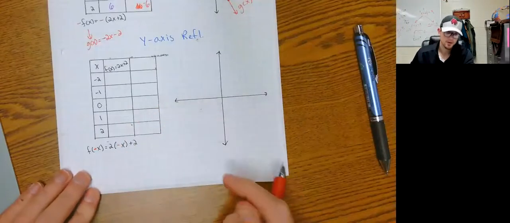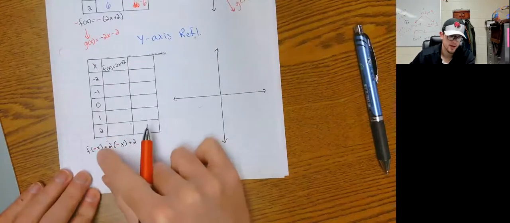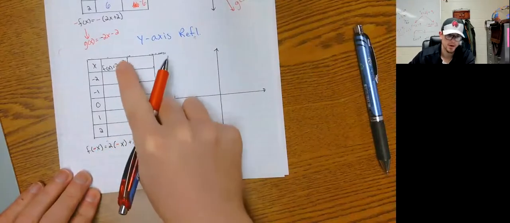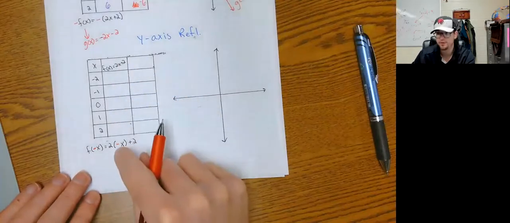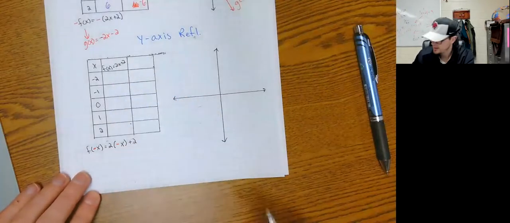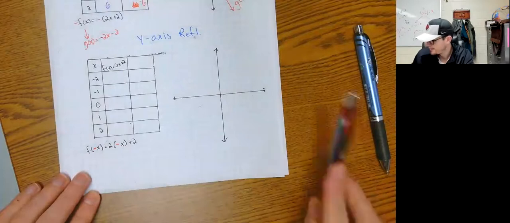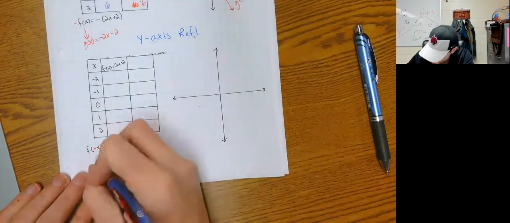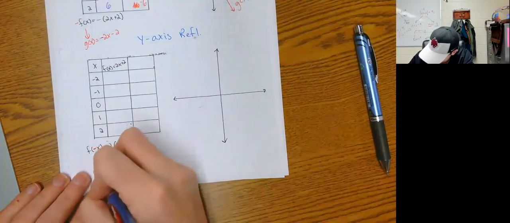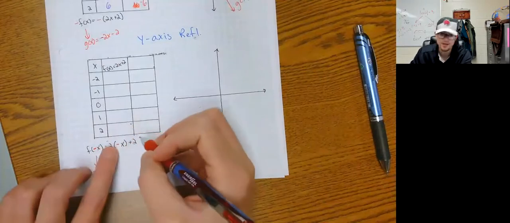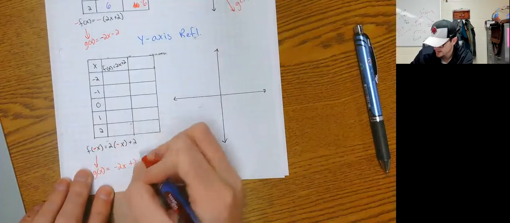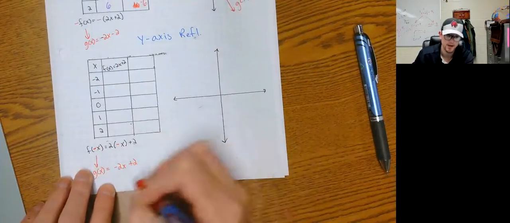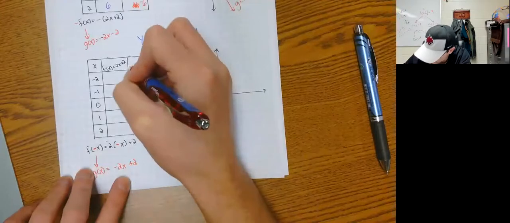If we're doing it on the inside over here, we need to do it on the inside over here. There wasn't a parentheses around the variable, so I made parentheses around the variable, and then I did it inside of them. So this changes to be g of x equals, well, what's 2 times -x? -2x plus 2. Because that didn't change, just drop it down. So we got -2x plus 2.